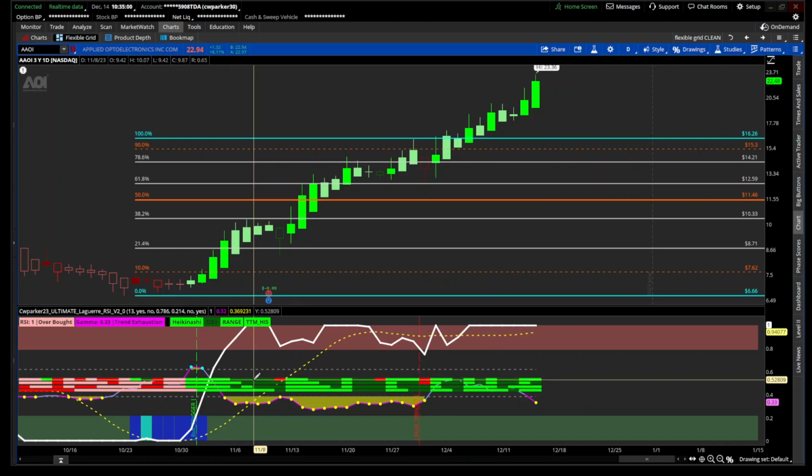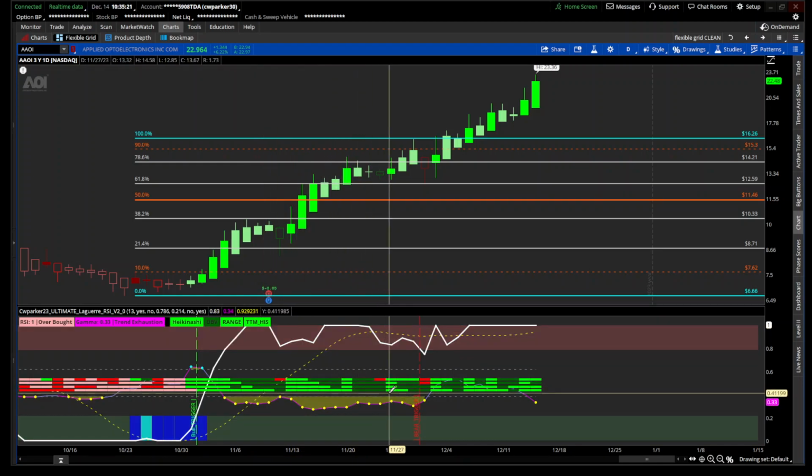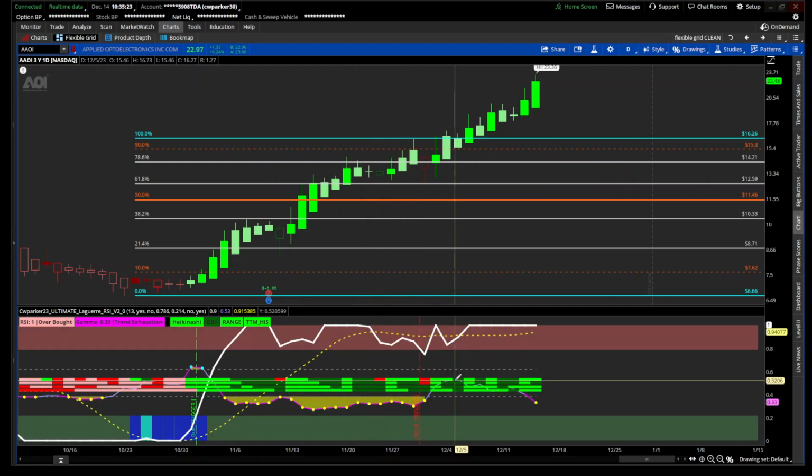So this first line right here represents the Heikin Ashi. The second line represents on balance volume. The next line represents the range, what price is within the high and low range of 13 bars. And the bottom line is the TTM histogram. And you can see if it's increasing or decreasing based on the fluctuation in the colors within these bars.